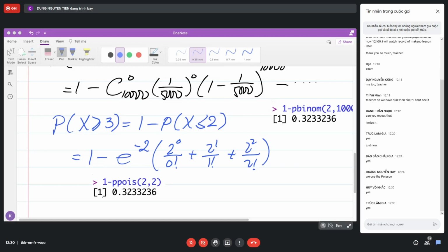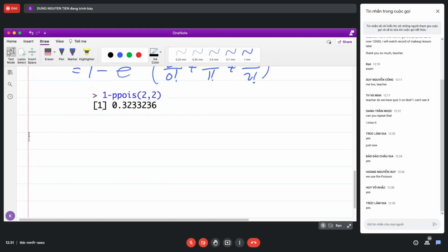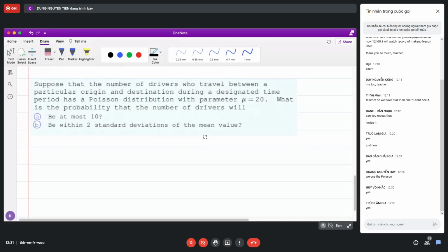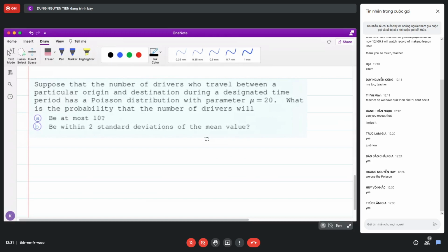Okay. Let's try the next example. Suppose that the number of drivers who travel between a particular origin and destination during a designated time period has a Poisson distribution with parameter 20.